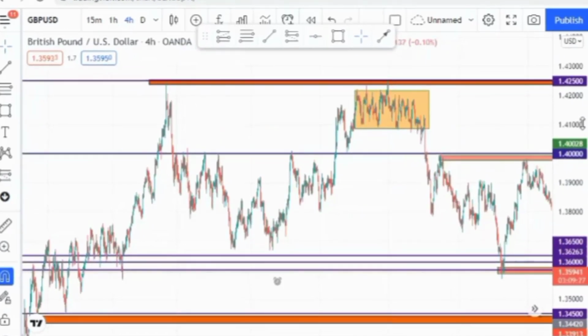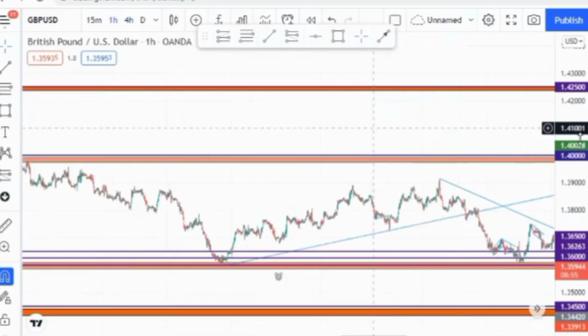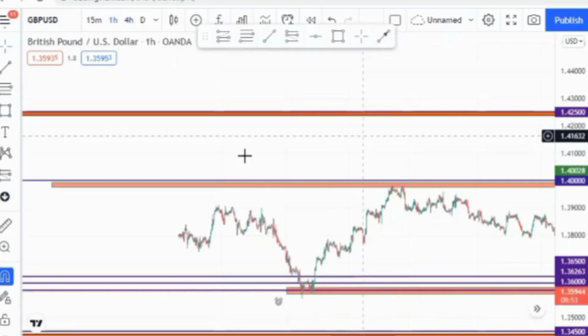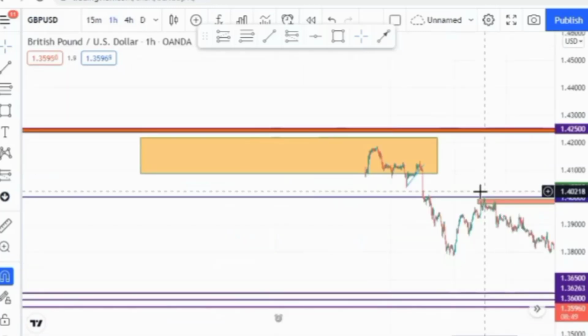You can clearly see where the distribution phase occurred. It occurred on GBPUSD, and this distribution phase has momentum drawn from an accumulation phase. It might not be all that clear, but if I go to the 1 hour chart, it's going to be much clearer. On the 1 hour chart, you see the distribution phase very clearly.